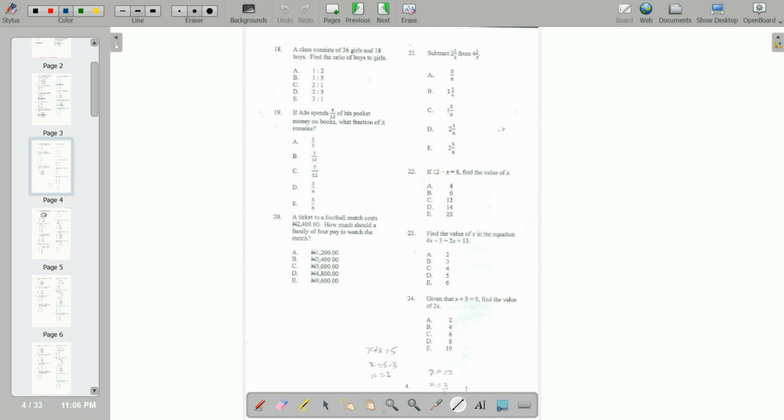Our next question is 18. A class consists of 36 girls and 18 boys.